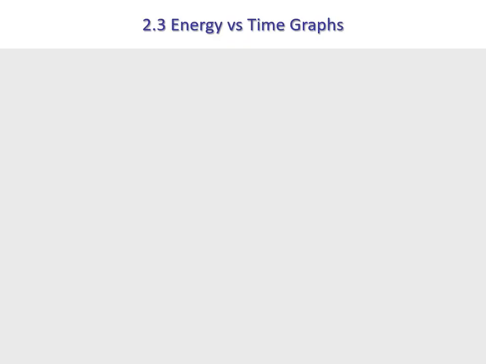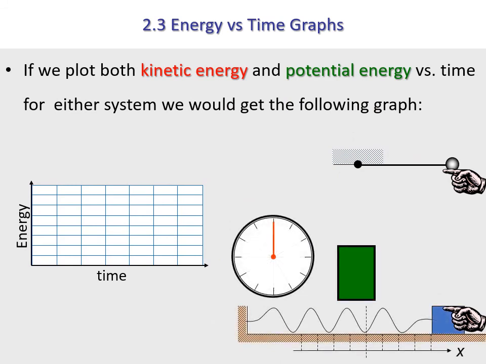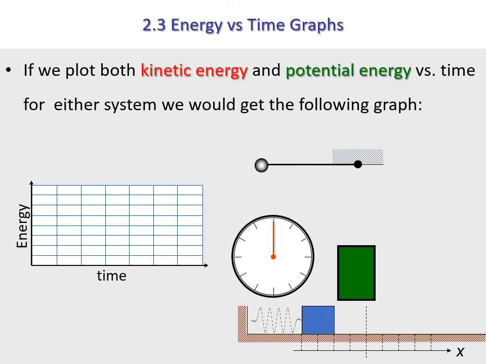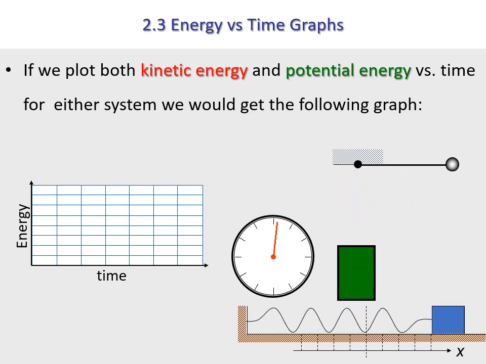Finally, this is the last point made in this video. We have energy versus time graphs. If we plot kinetic energy and potential energy versus time for a system like a swinging pendulum or a spring as they oscillate, what we get is a change between the kinetic energy and the potential energy.